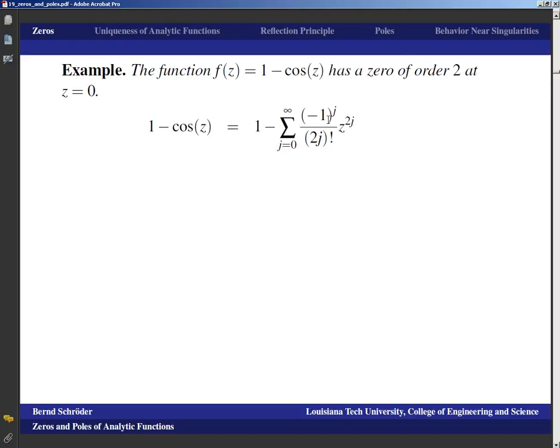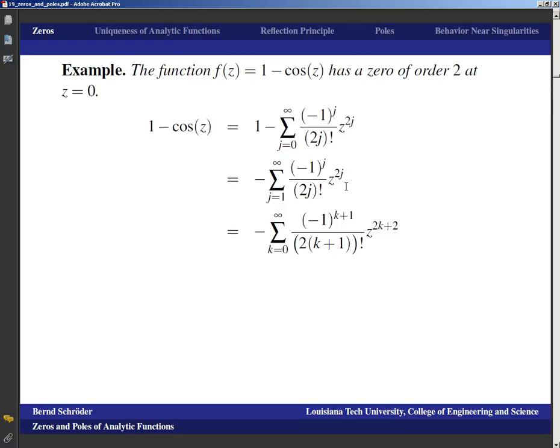And for j equals 0, we get a 1, which means we can cancel the 0th term and end up with negative sum j equals 1 to infinity, negative 1 to the j over 2j factorial z to the 2j. And then I set k plus 1 equal to j, which gives me k plus 1 here, k plus 1 here, k plus 1 here, which of course then becomes 2k plus 2.